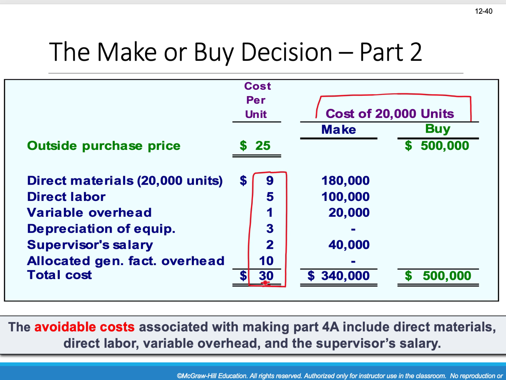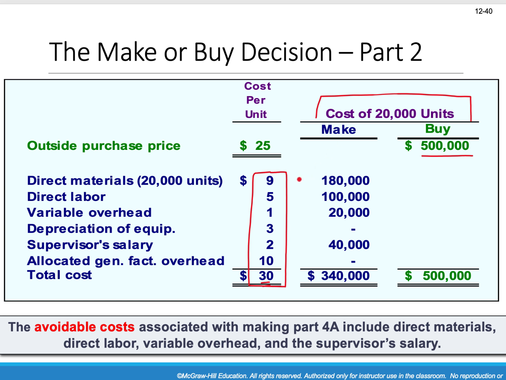But when we dig a little deeper and we do our differential analysis, we say, okay, if I'm going to buy 20,000 parts at 25 bucks a pop, that's going to cost me $500,000 to buy it. Okay? Let me compare that to the cost that I incur to make it.